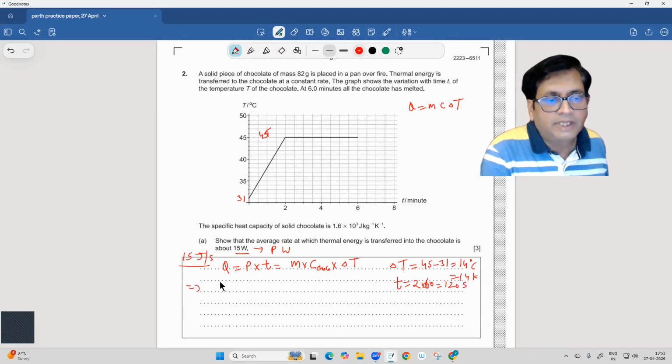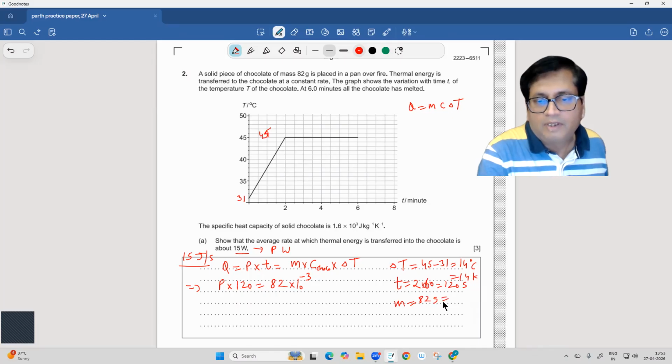So what does our equation become? P into 120 is equal to the mass of the chocolate, which is 82 gram. But here the units are joule per kilogram, so I can convert that into kilograms. Mass is equal to 82 gram, which is 82 into 10 to the power minus 3 kilogram.